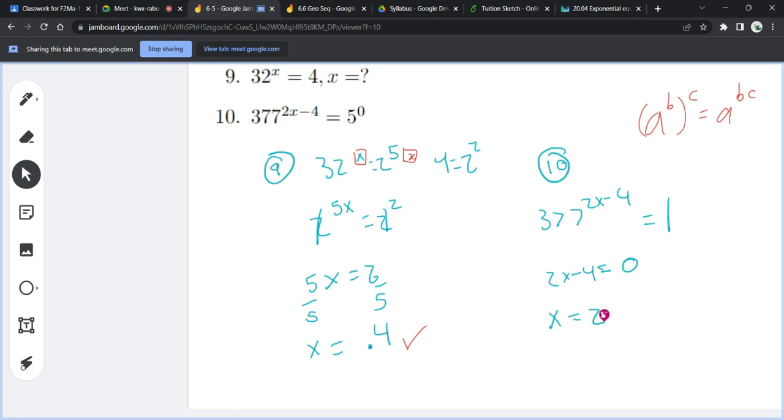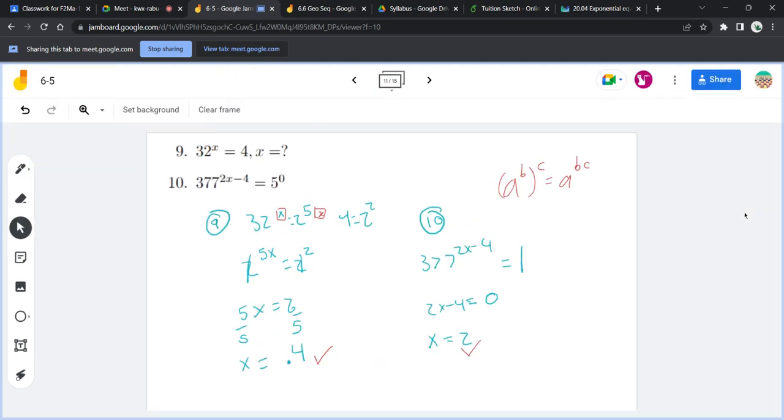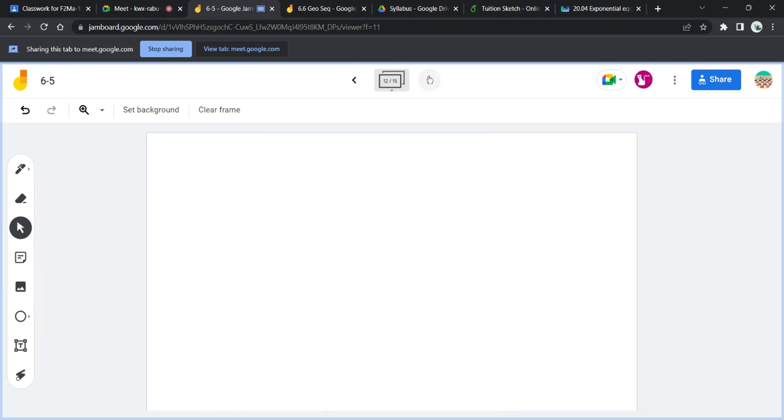Okay, and then for question 10, we have a number 1 on the right hand side, which means that the index should be 0, and we can solve that x is equal to 2. Okay, so page 13.